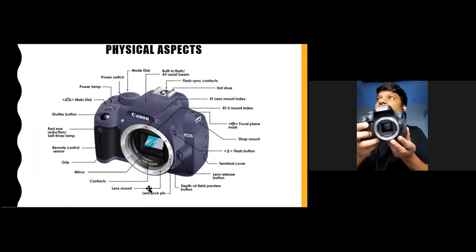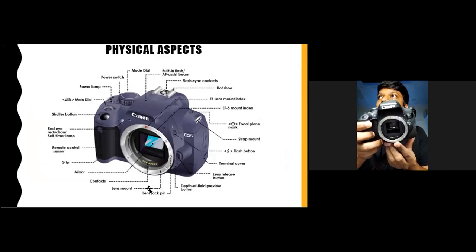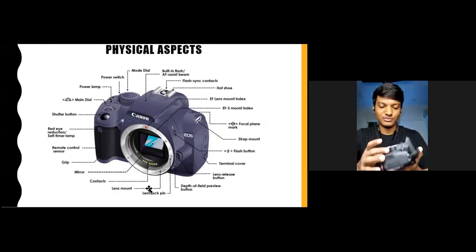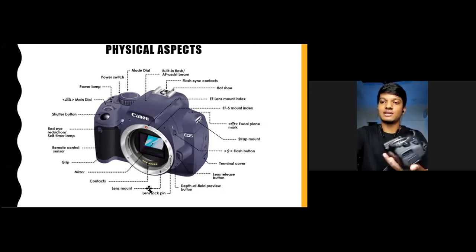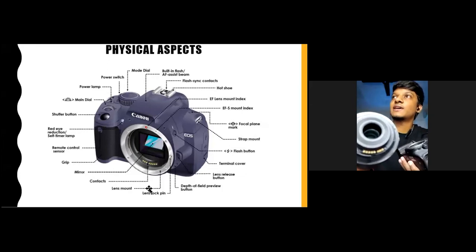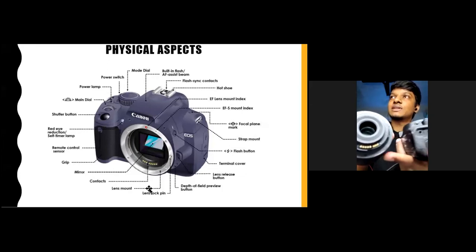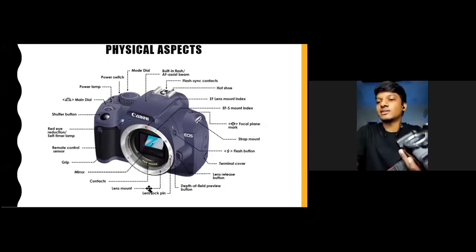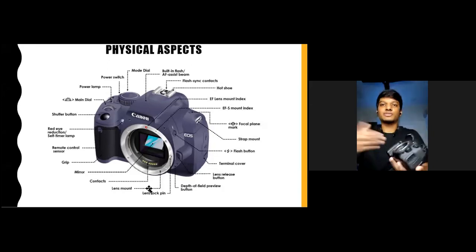You can see there are small contacts here within your lens mount. This is how your camera communicates with your lenses. Your lenses would have these gold plated parts here that attach and touch there, so that the camera can communicate with the lens.